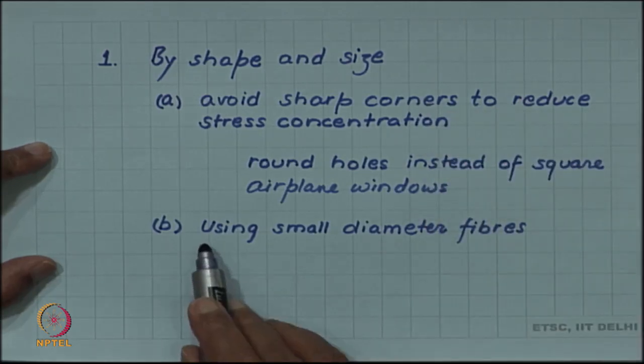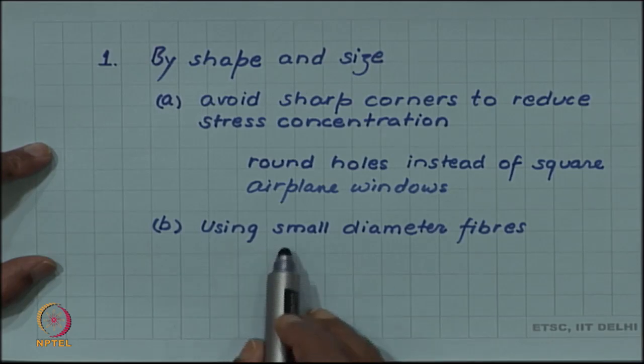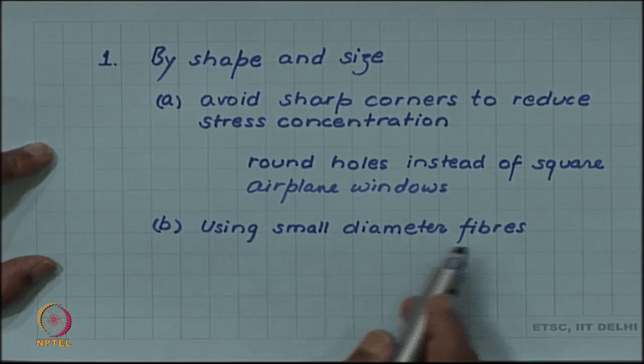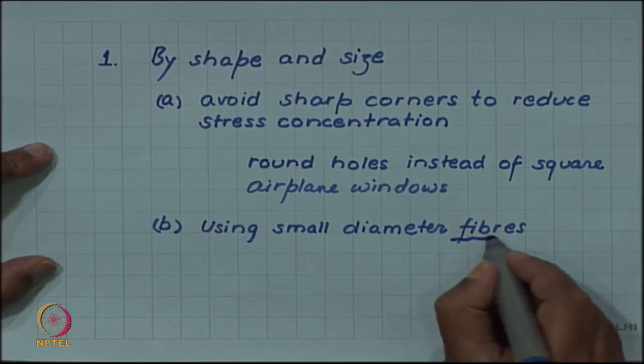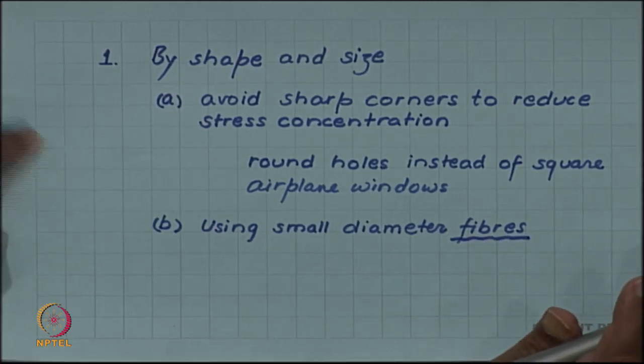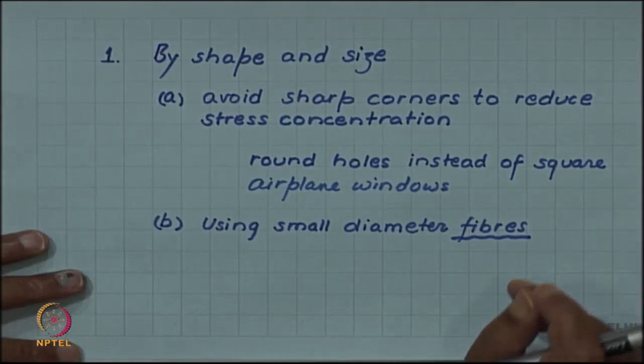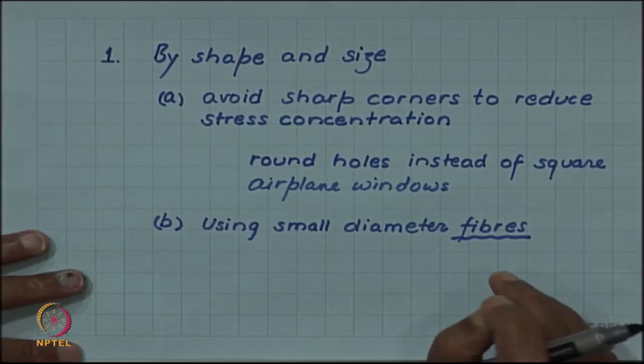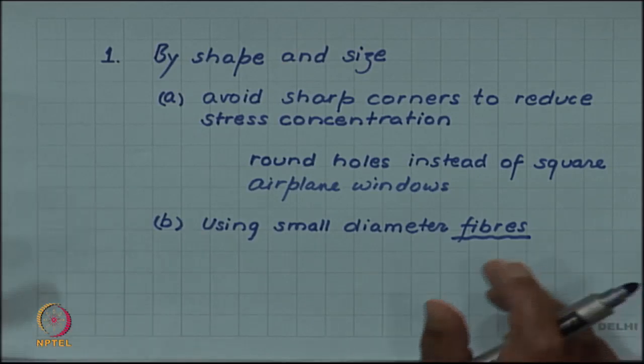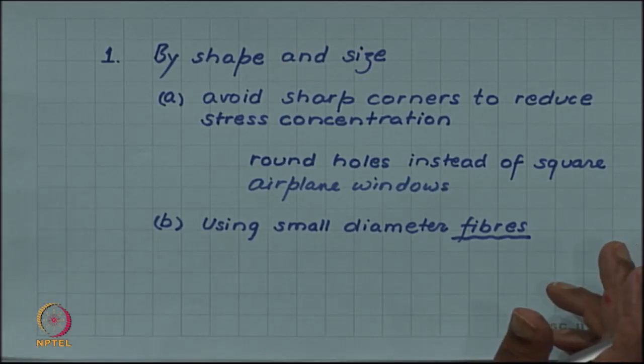Now, another interesting way of enhancing the fracture stress of a material is using a small diameter. This is particularly the case with fibers. We have seen fiber reinforced composites, and in those composites, why do we use fibers? Why do we not use, for example, rods to reinforce?